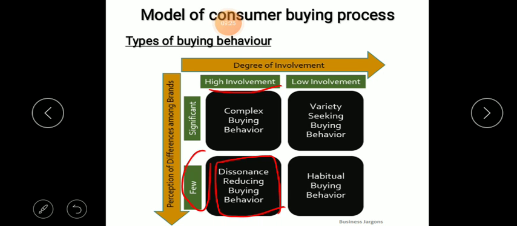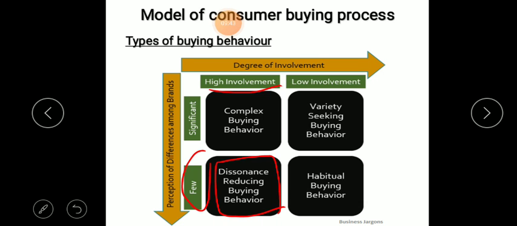Consumers' buying behavior in situations characterized by high consumer involvement in purchase decision but few perceived differences among brands. An example of this is carpeting or tiling of your room.